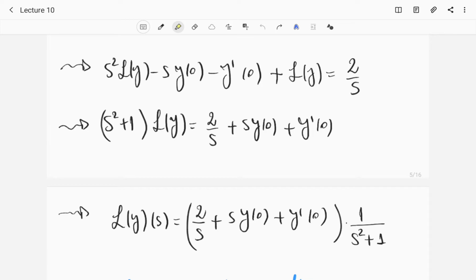Step 1 was: I take my ordinary differential equation and I Laplace transform it until I get something like this. The Laplace transform of y at s is equal to some expression that depends on s and the initial conditions.